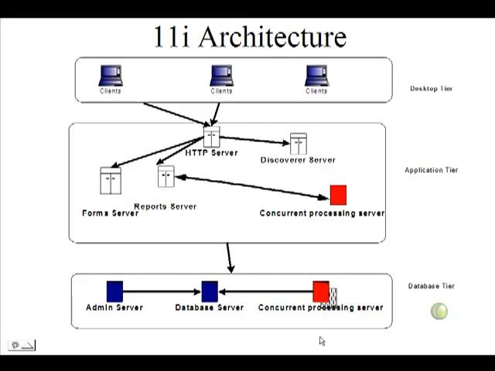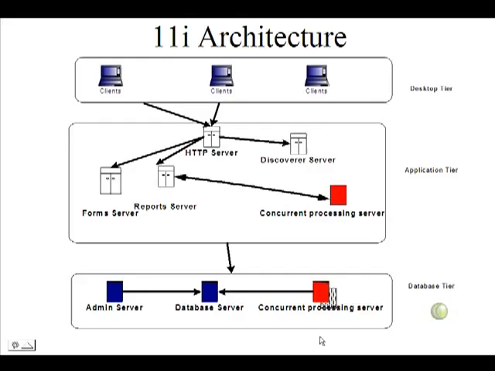The application tier in this situation has your HTTP server installed, which is going to provide the web services through Apache Web Server. We also have the form server, the report server, and the concurrent processing server on the same node. The database also sits on the same node because we have a single node install.